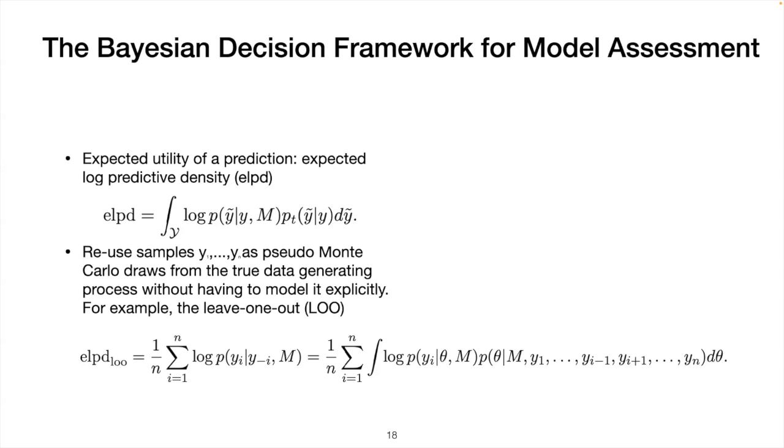But luckily, we can still compute this thing using observed data, and typically we would be using, for example, cross validation. Even though I don't know p_t(y~ | y), in my observed data, y_i given y_{-i} is a proxy for this quantity, right?